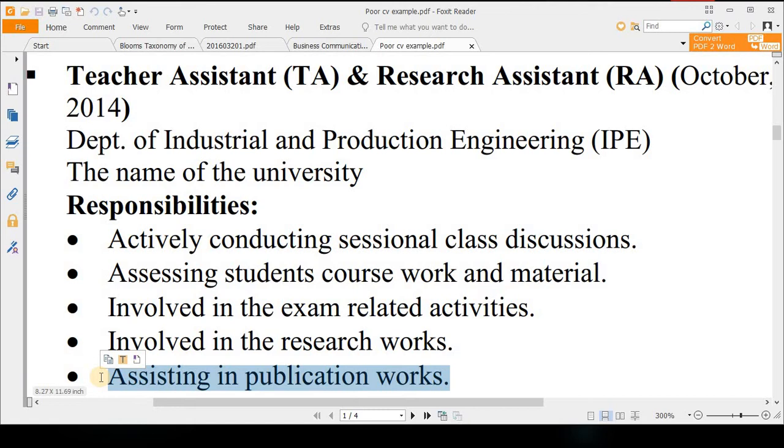Or does he perform some sort of experimentation, or assisting? It's supposed to be writing the technical content, or maybe doing lab works, or maybe a literature review on previous research work. Those contents should be here, not assisting. Assisting is a very generic term.